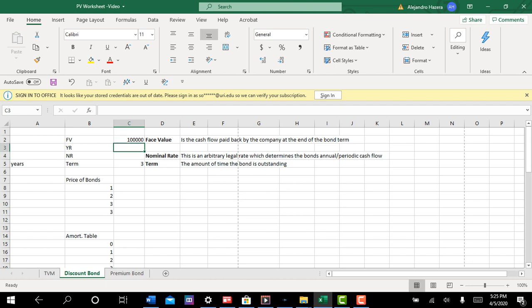And finally, the yield rate. The yield rate, YR, is the yield rate. Now, the yield rate is the market rate of interest.